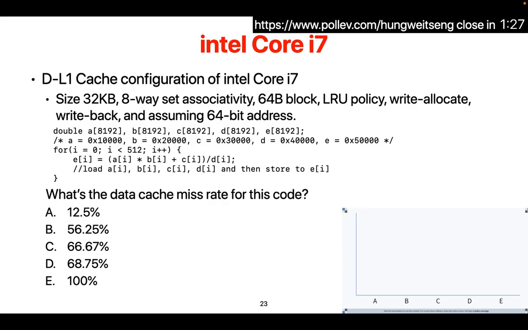Let me look. Okay, I'm assuming it's going to be pretty much the same. So we do A0, B0, C0, D0, E0. When it's E0, because there's 64-byte blocks. But we don't have to just, okay, keep going. Now we go A1. A1 is not leading to the place. But is it a miss?